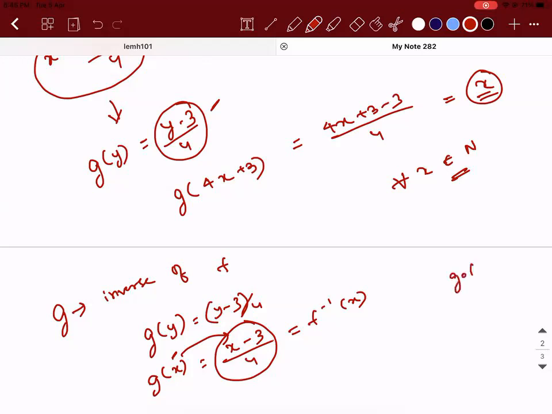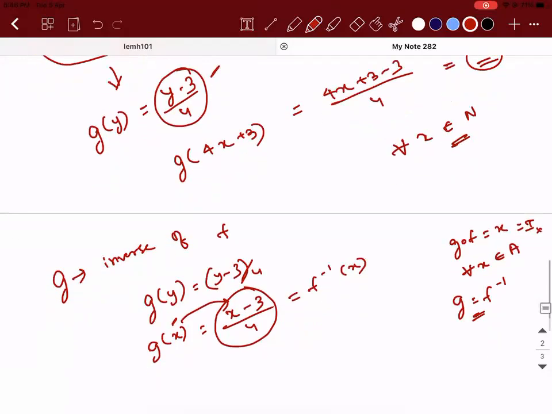Then g circle f is equal to x for all values of x that belong to set A, which is nothing but I_X also. Then g is called f inverse. If f circle g is equal to x, which is I_Y, then f is called the inverse of g. So f is equal to g inverse, you can write.